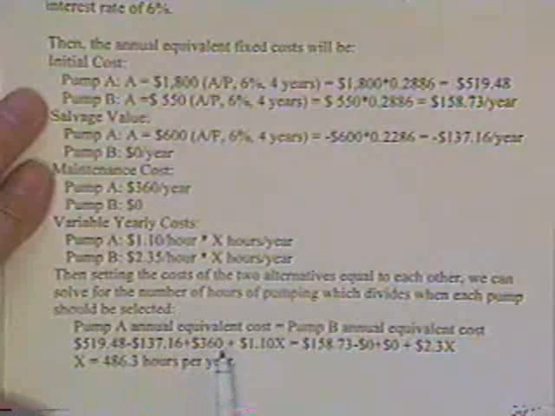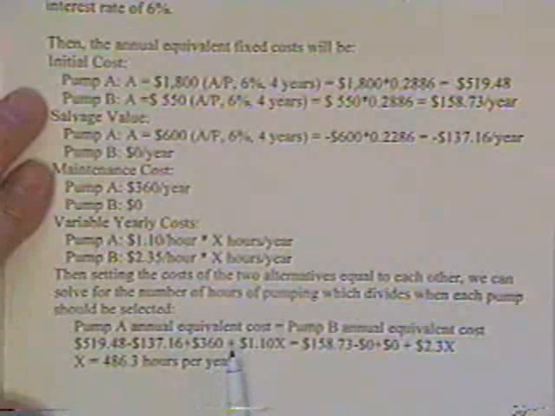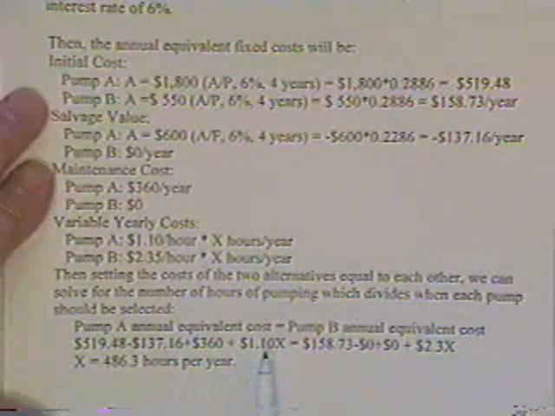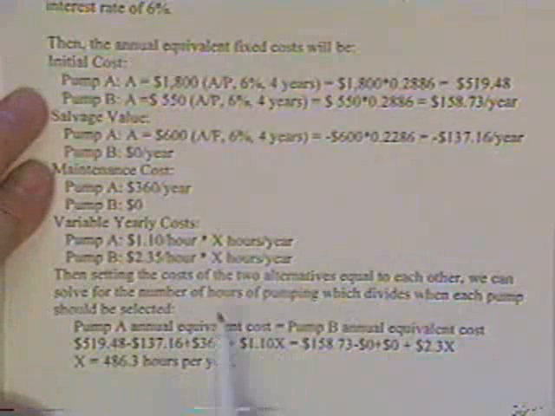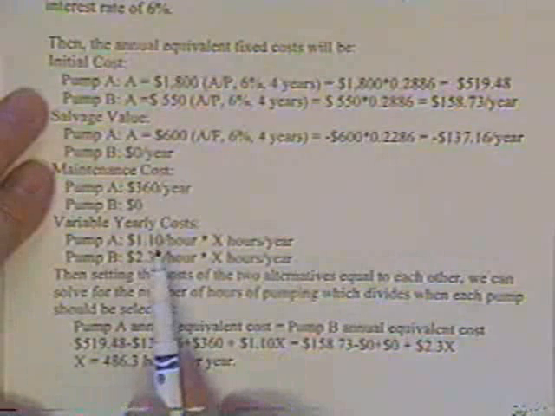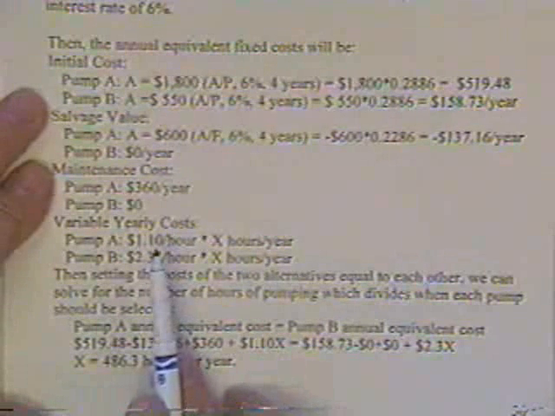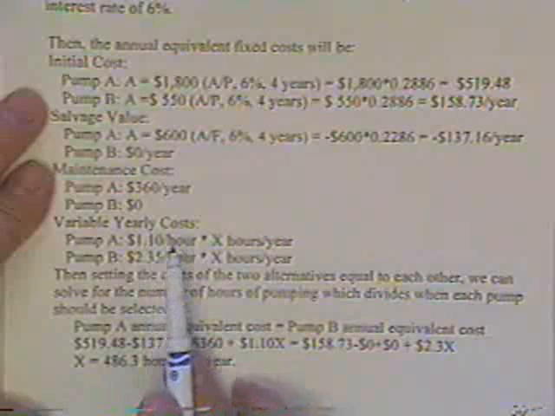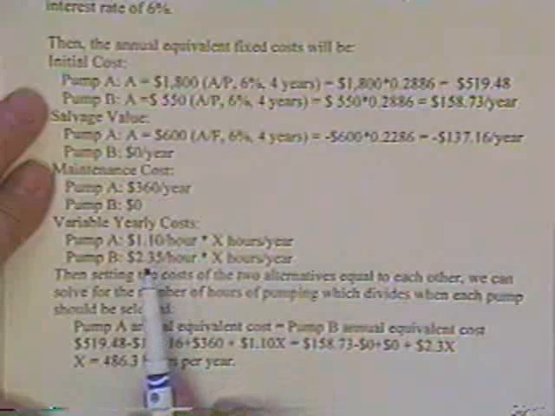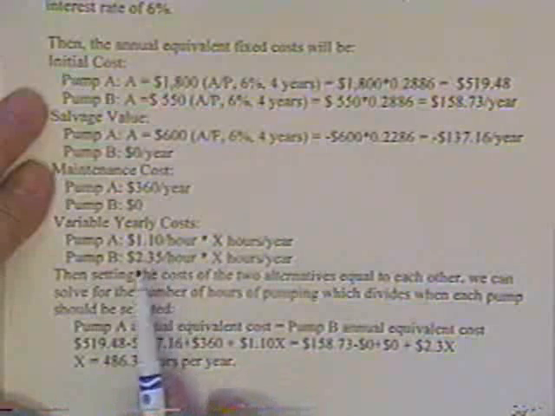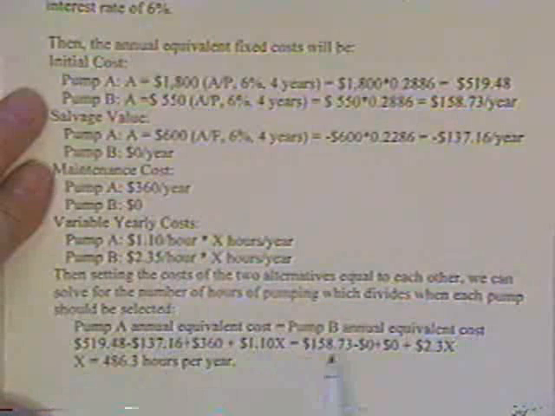Plus, to run the pump costs me $360 a year. Plus, it costs me another $1.10 for power every time I run the pump an hour. So this is basically the power cost on the pump. This one being very efficient, only costs $1.10 an hour. This one has got a little bitty motor or something, it's not very efficient, costs $2.35 an hour.